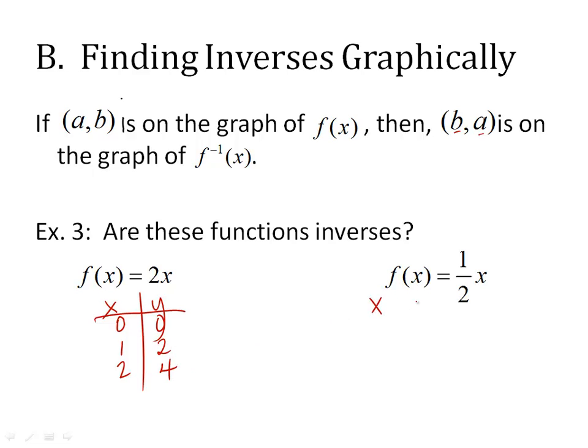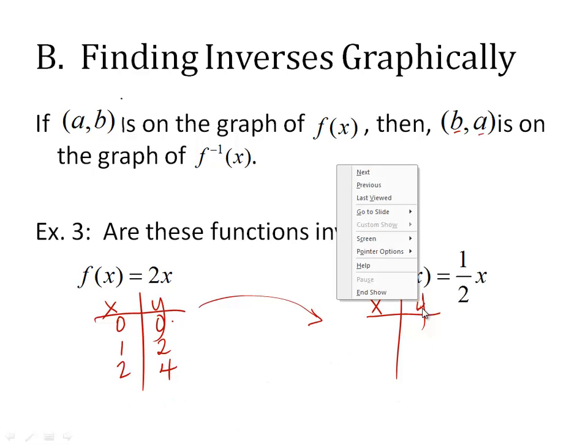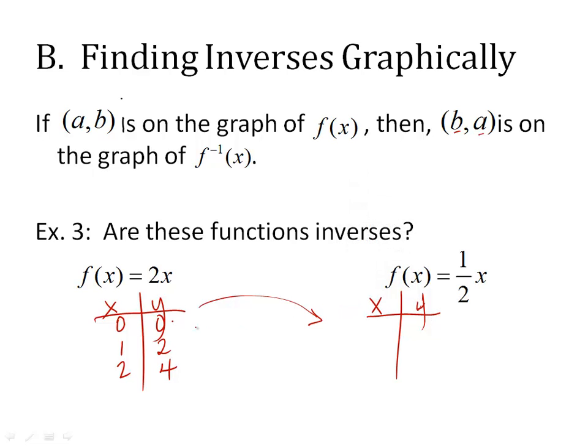Now, in order for these to be inverses, what my y's were have to become my x's over here, and my x's have to match the y's of the second equation. So I'm going to take my y's and put them in for x and plug it in. 0 times 1/2 is 0, 2 times 1/2 is 1, 4 times 1/2 is 2.